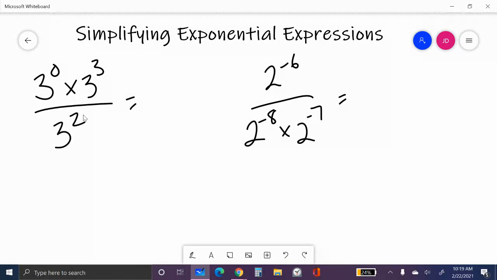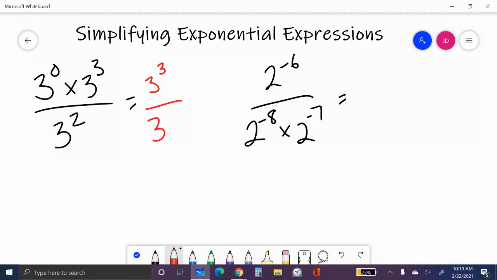All right. So knowing our laws of exponents, when I look at the top here, I have exponential terms with the same base. And whenever you're multiplying terms with the same base, you keep the base and add the exponents. So 0 plus 3, which is 3.